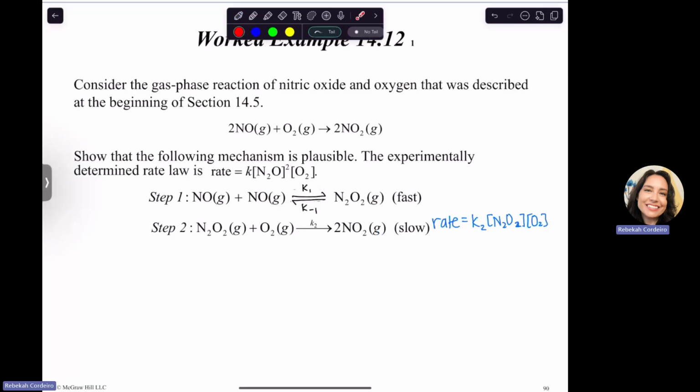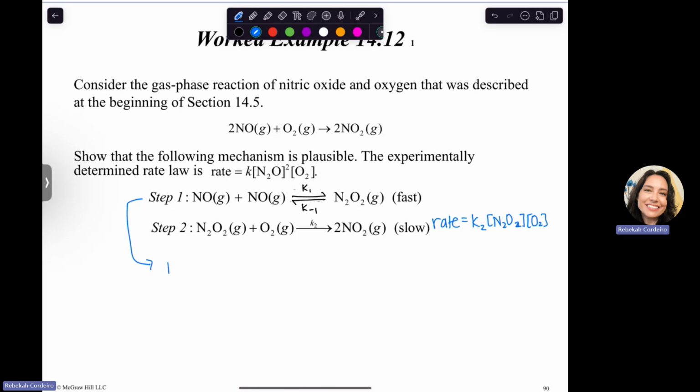All right, well, that does not match this, right? So I have got to figure out how I can work this out. Well, this is reversible, so let's look at this fast step.